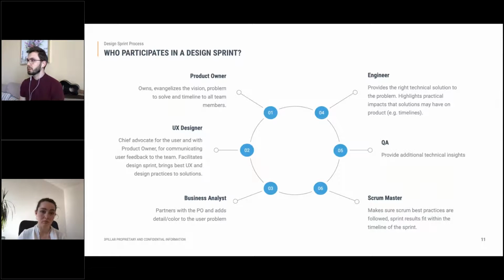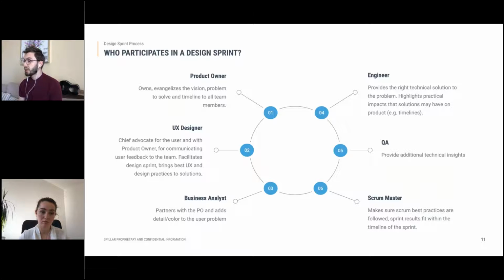So in this set of design sprint cycles, we would usually want to have either a product owner or at least a decision maker, right, that would be responsible with communicating the vision and ultimately taking the most important decisions, having the last word, right?